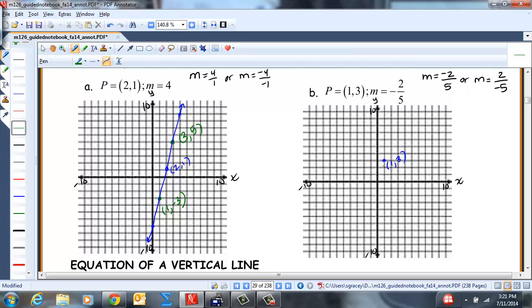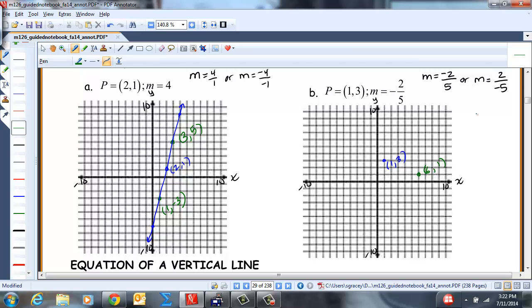So that would mean I went down 2 and then 1, 2, 3, 4, 5 to the right. So down 2 from 3 takes me to 1, and then 5 to the right of 1 takes me to 6. So the ordered pair 6, 1 is an additional point on the line.